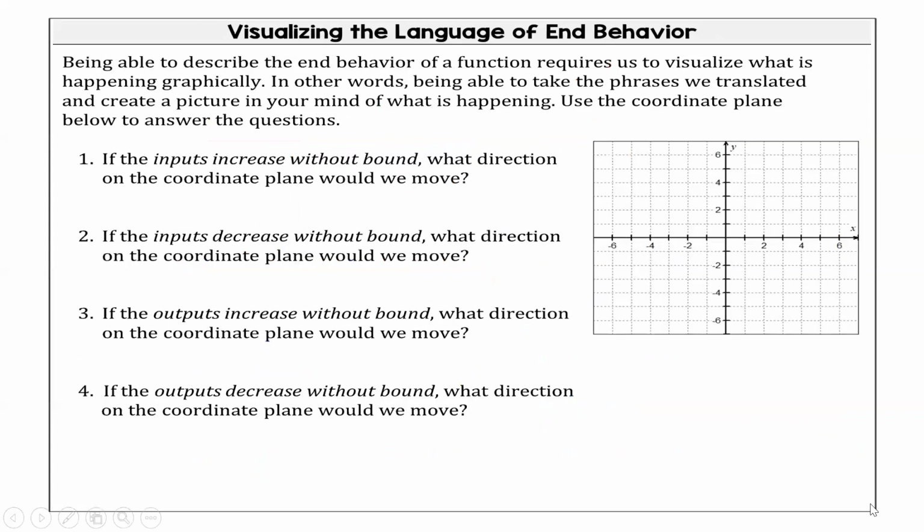Next, we're going to talk about visualizing the language. Visualizing is just reiterating what I just said, the direction that we're heading in. Your x's are either going right or left, and your y's are either going up or down, correct? So here it says, if the inputs increase without bound, what direction am I heading? Logically, we're heading to the right.